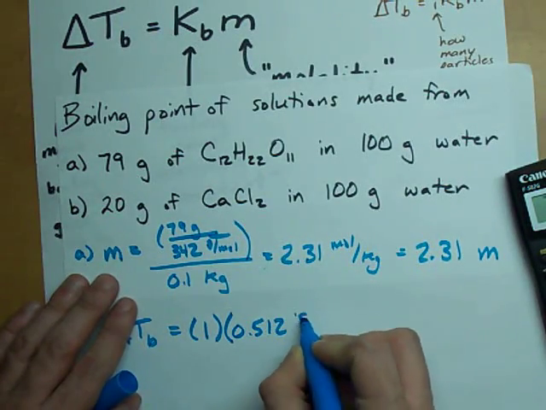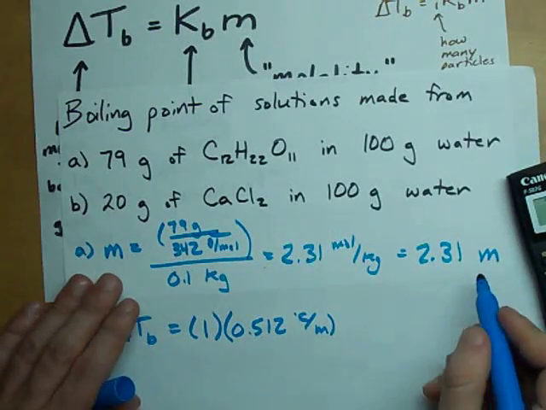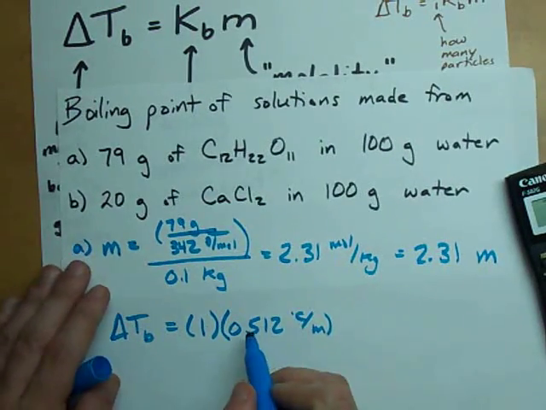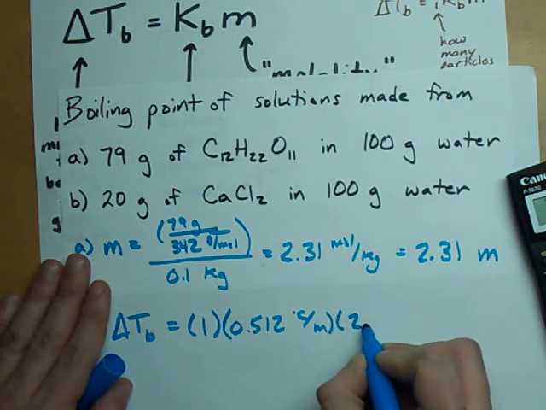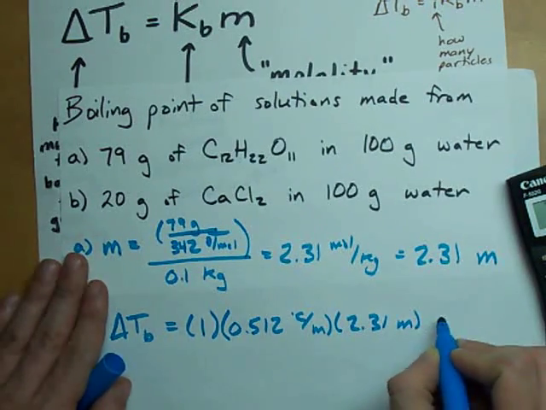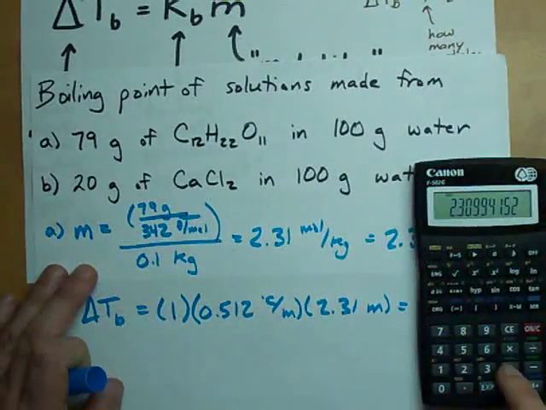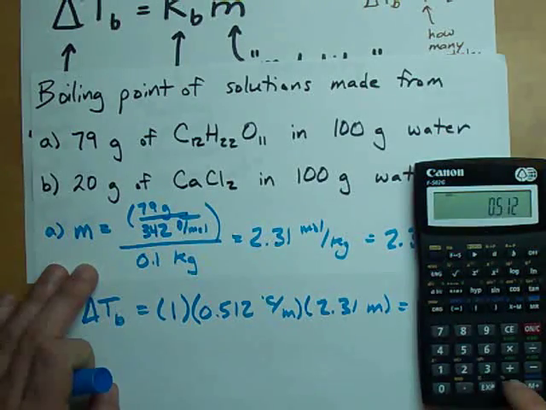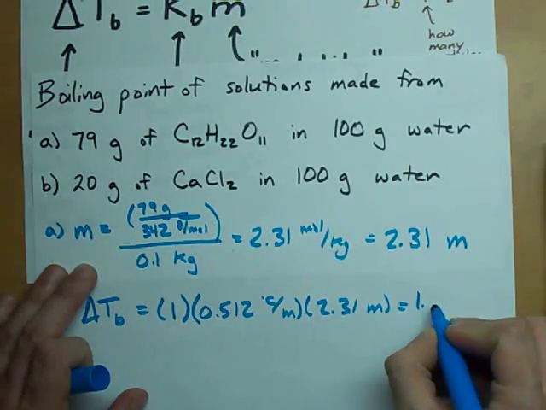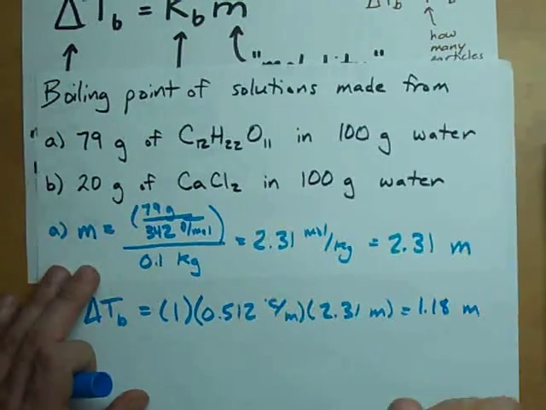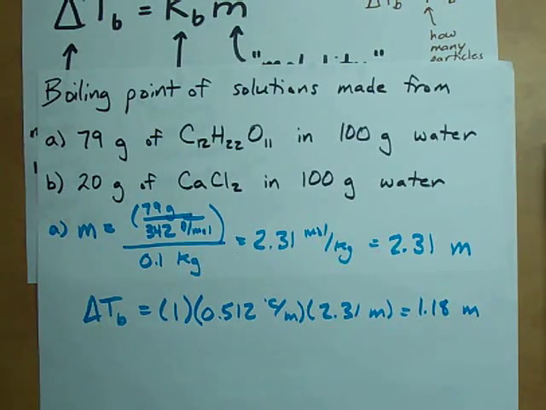Put another way, for every molal of foreign particles, the boiling point goes up by half a degree, and we have to multiply it by 2.31 molal. When you do that, you end up with 0.512 times 1 times 2.31, which is 1.18 degrees Celsius. Ignore the fire alarm that just went off in my building.